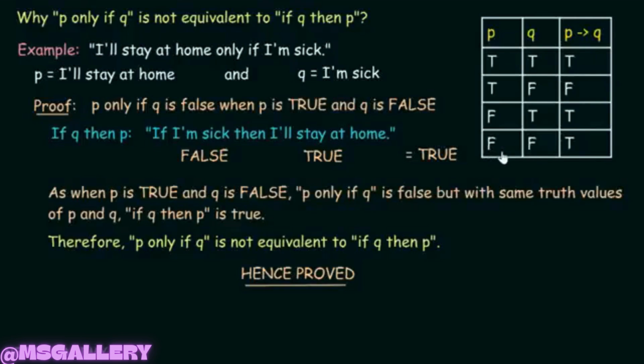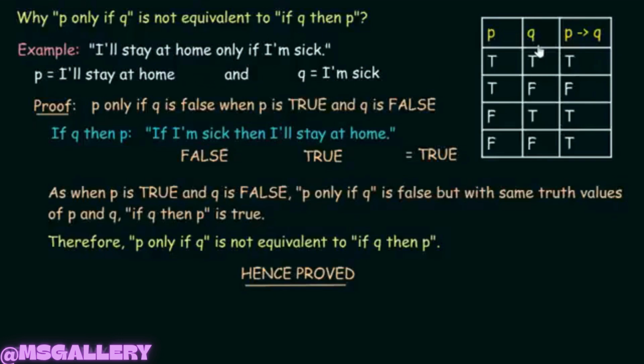Isn't that so? If it is not the case, then the whole compound proposition becomes false, right? But why we cannot say when Q is true, then P has to be true? Why we cannot say when I am sick, then I have to stay at home? I will never say that if I am sick, then I have to stay at home. I can only say that if I am not sick, then I should not stay at home. Why is it like that way?